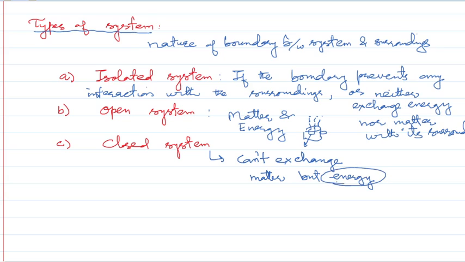That will be called a closed system. So the example will be simply tea in a thermos flask in an ordinary cafe.